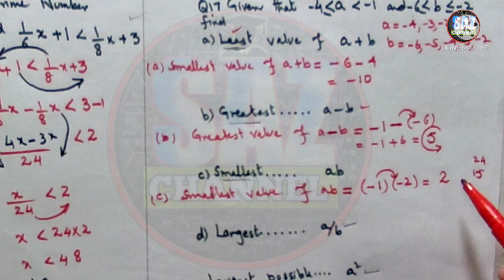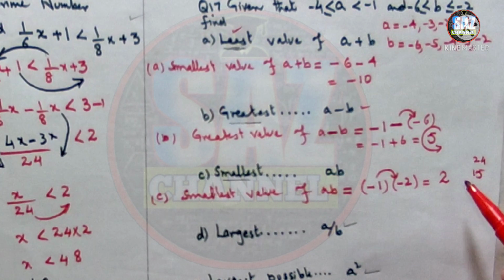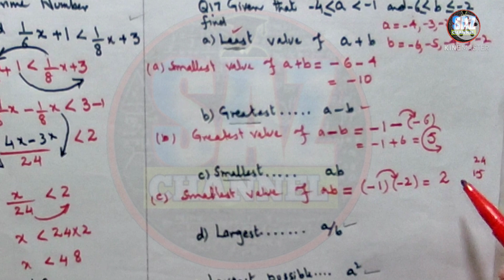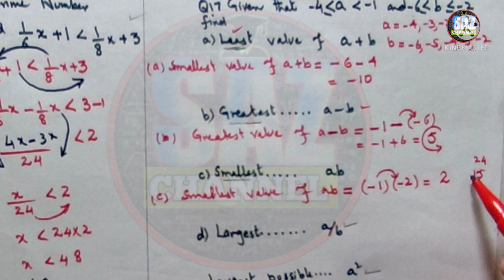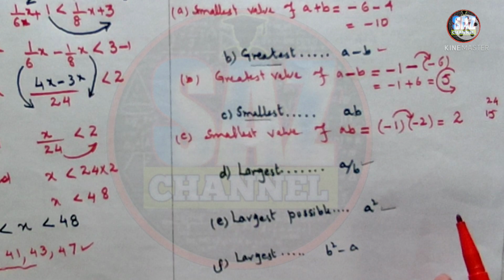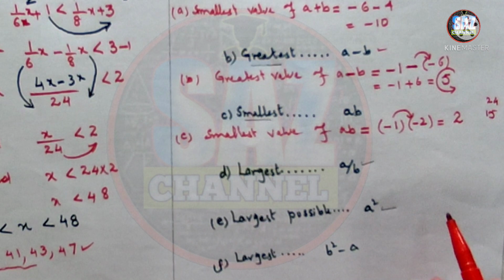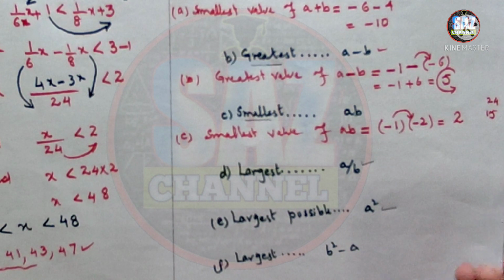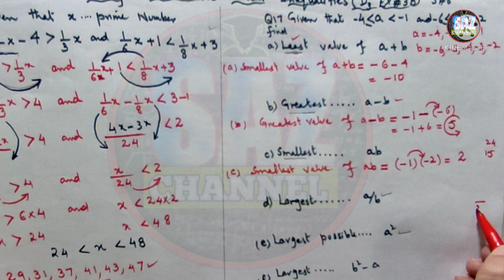I hope you are clear how we are picking the values in all these situations. And then the next part says that we have to find the D part. Let me read the D part of the question. That is the largest value of the fraction A over B. For that part, we know a fraction will be the largest when the denominator is the smallest.